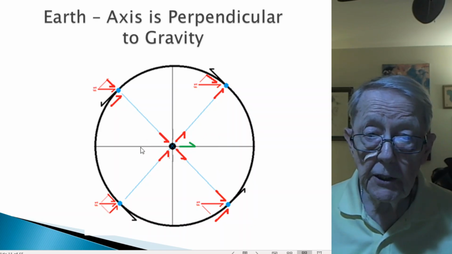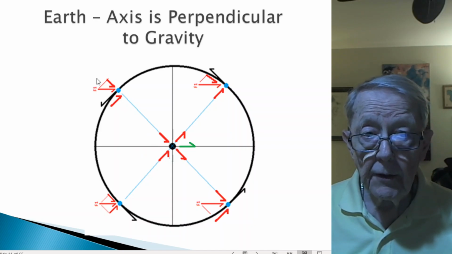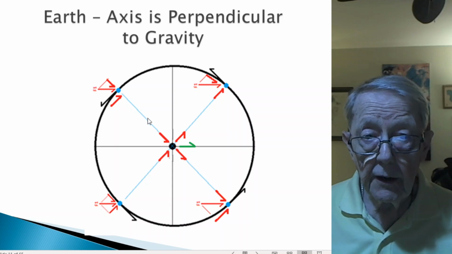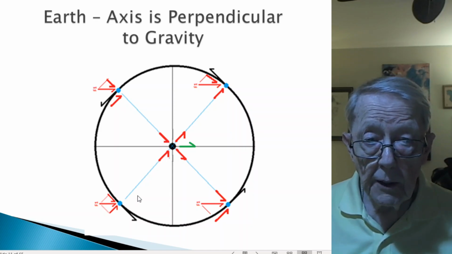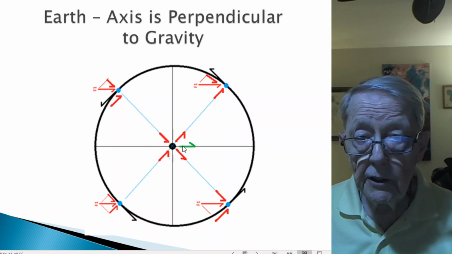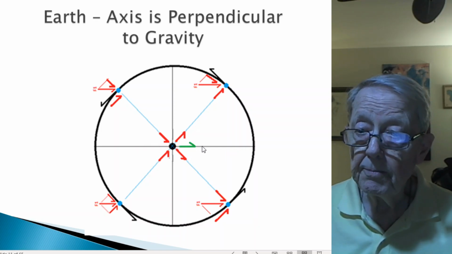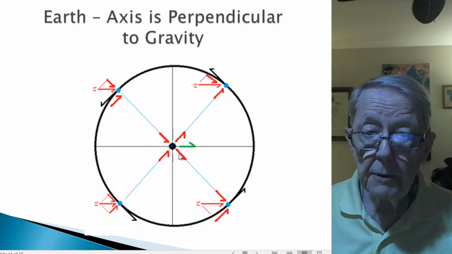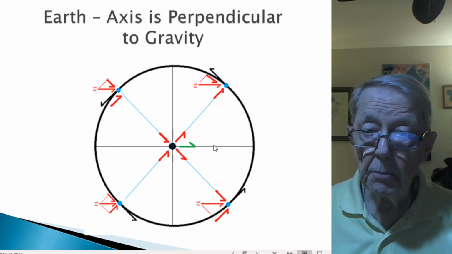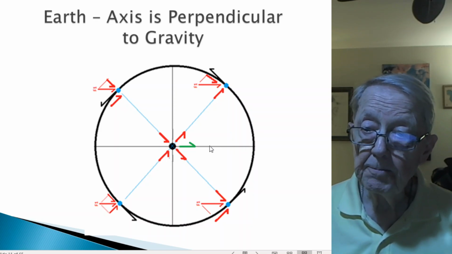There's no opposition over here. This force is pushing on this axle in this direction. This one is pushing in that direction. They all have a direction towards the east. There's no opposition. They all add, pushing the gyroscope counterclockwise.